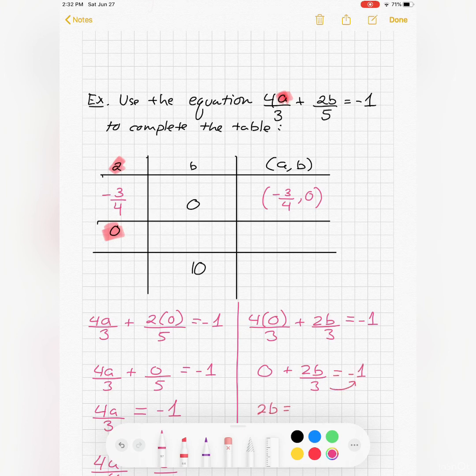Multiply by 3. So b is negative 3 over 2. So this pair is 0, negative 3 over 2.